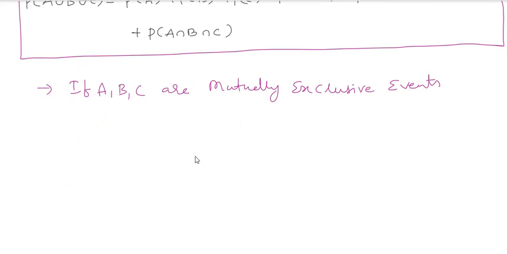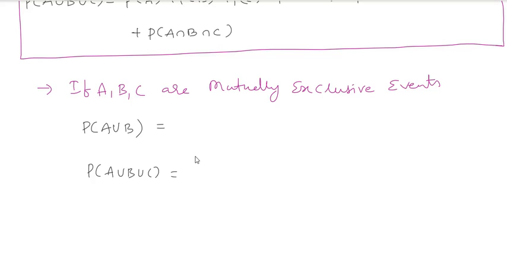In such a case, how can I write it down? If A, B, C are mutually exclusive events, the intersection will become 0. In such a case, how can I represent the probability of A union B, and the probability of A union B union C?